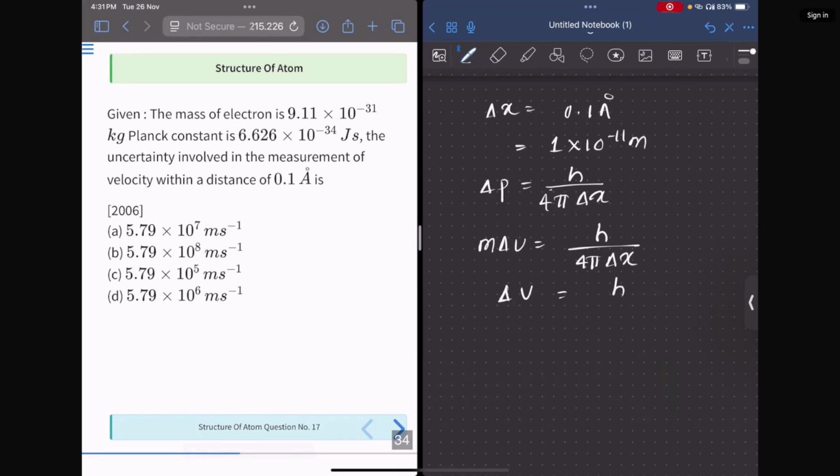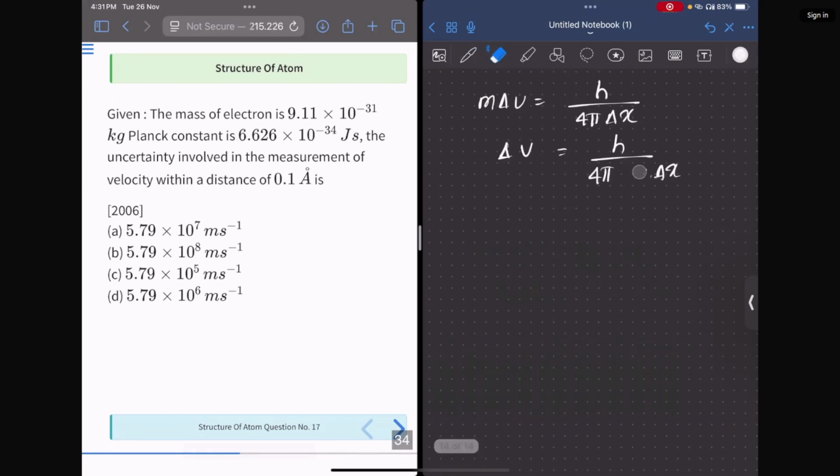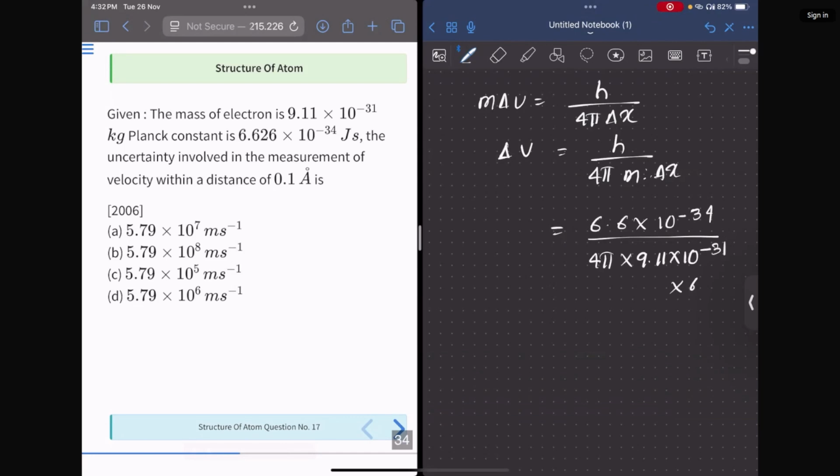Del V means h by 4 pi M into del X. Let's put the value here: 6.6 into 10 to the minus 34, by 4 pi into, what is the mass given of electron? 9.11 into 10 to the minus 31 into del X. What is the del X? 0.1 angstrom, or 10 to the minus 11 meter.